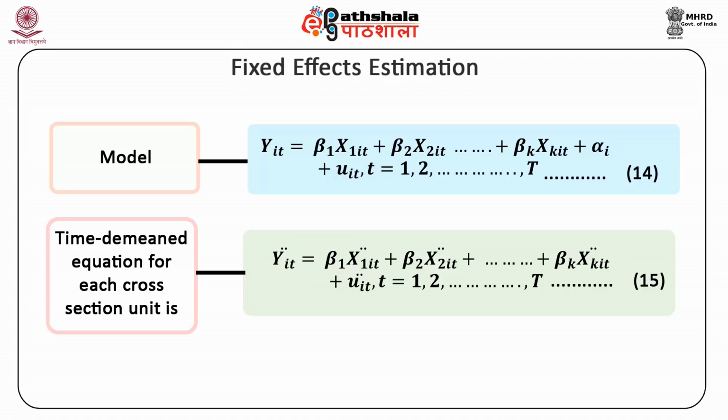The fixed effects estimator allows for arbitrary correlation between alpha_i and the explanatory variables in any time period, like in first differencing. Because of this, all time invariant explanatory variables get eliminated.